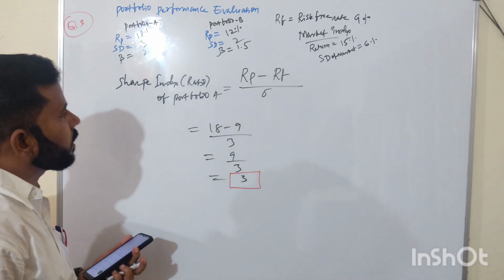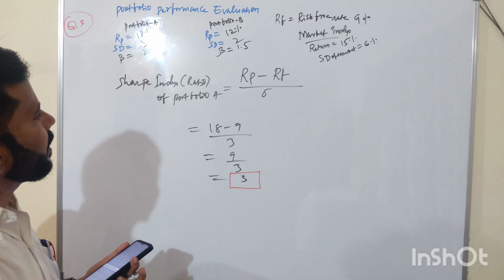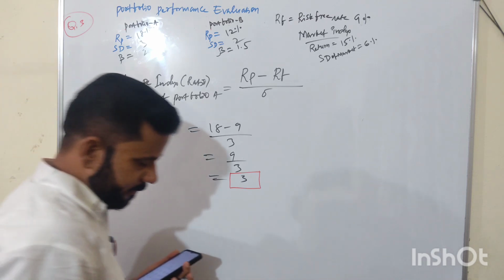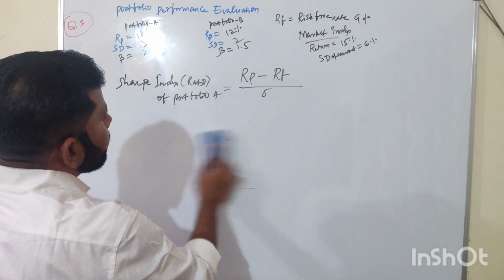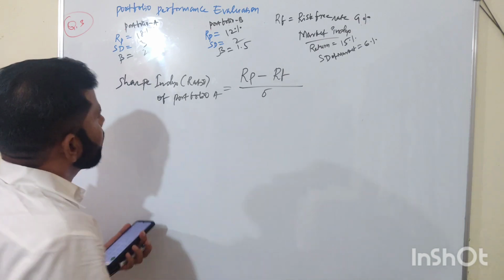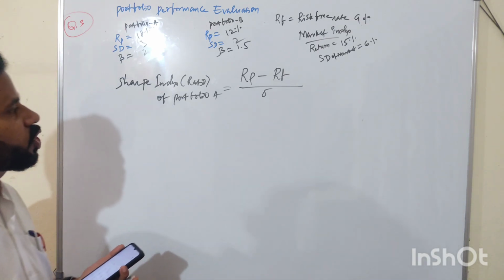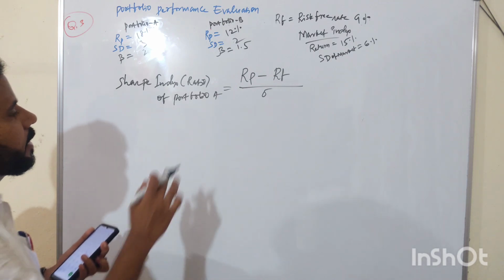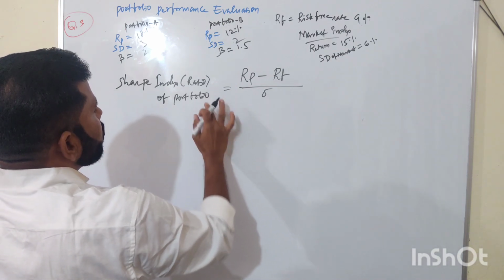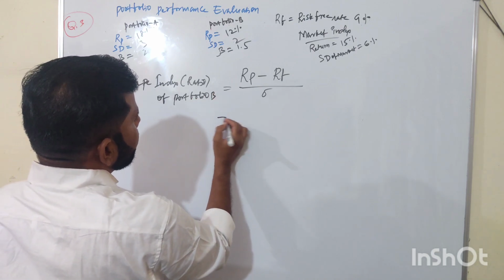Then let's calculate now the Sharpe index or ratio of portfolio B. All of you remember the Sharpe ratio of portfolio A's answer is 3. Now let's calculate the Sharpe ratio of portfolio B.